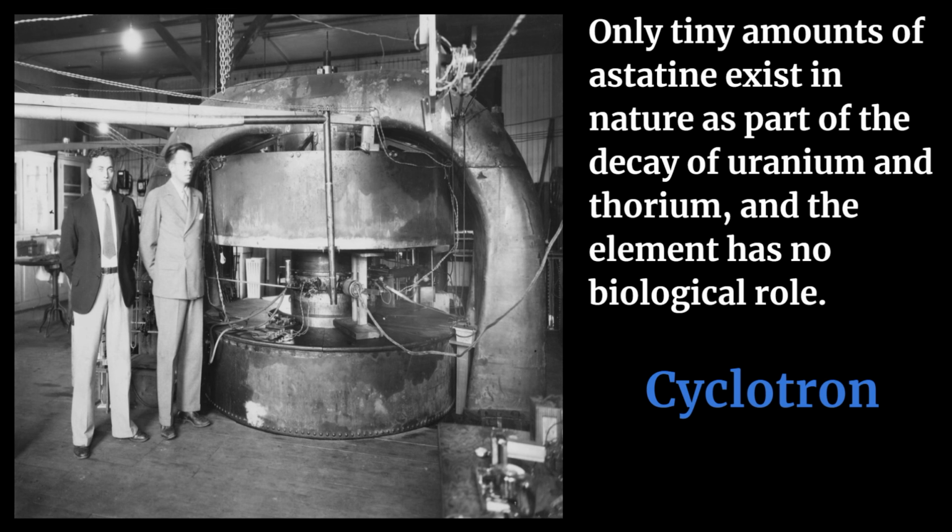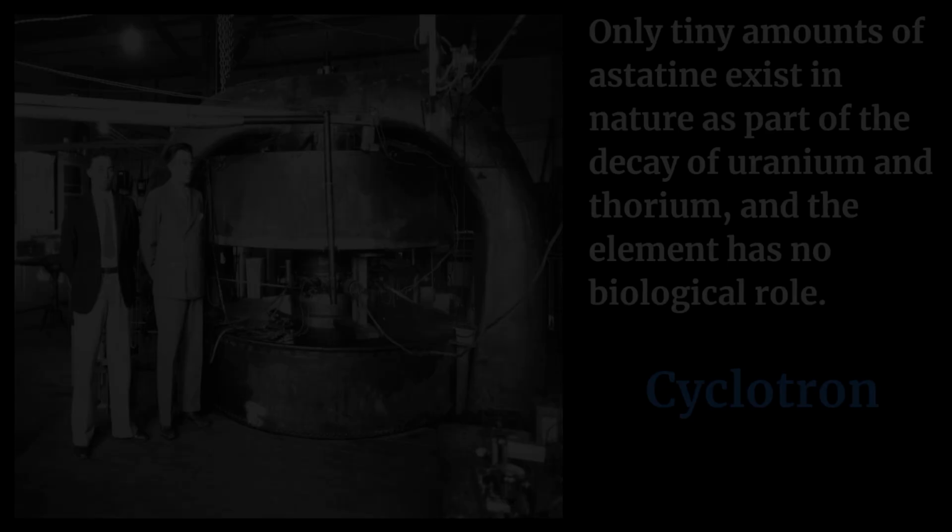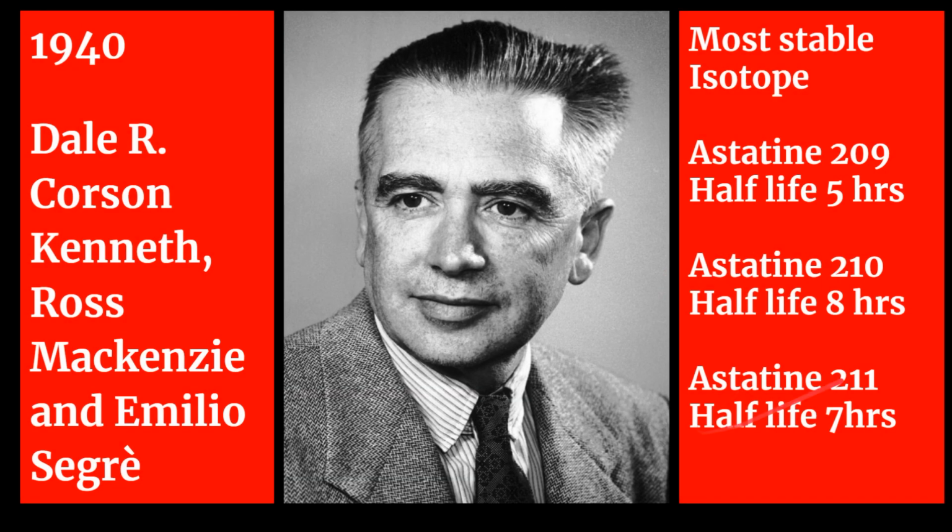Astatine was first produced by bombarding bismuth 209 with energetic alpha particles, and this is still the major route used to create the relatively long-lived isotopes, like astatine 209 through 211.